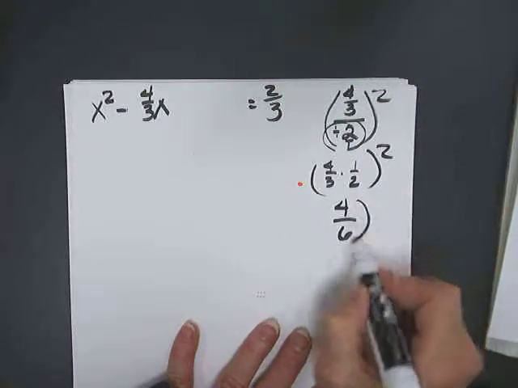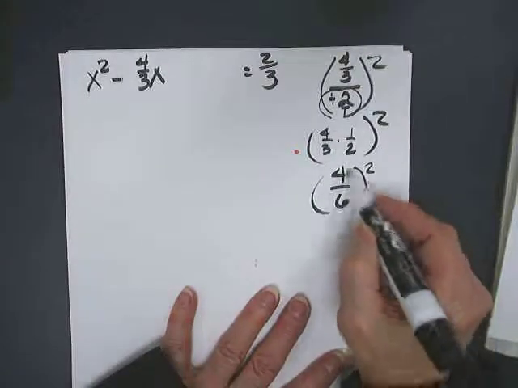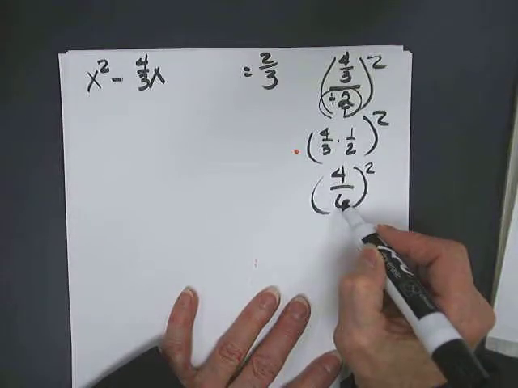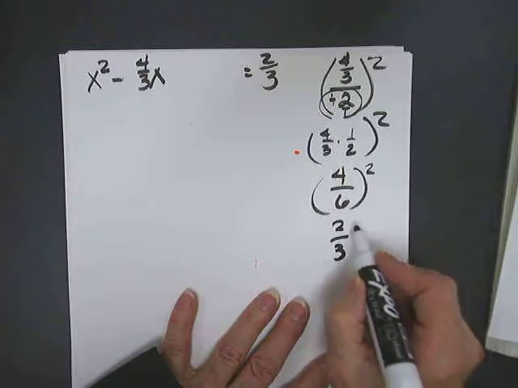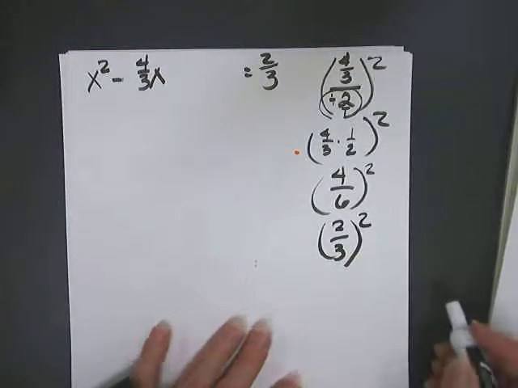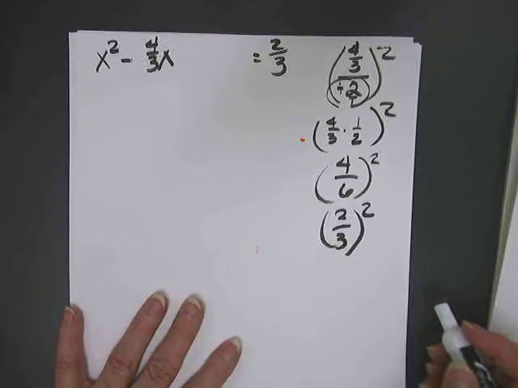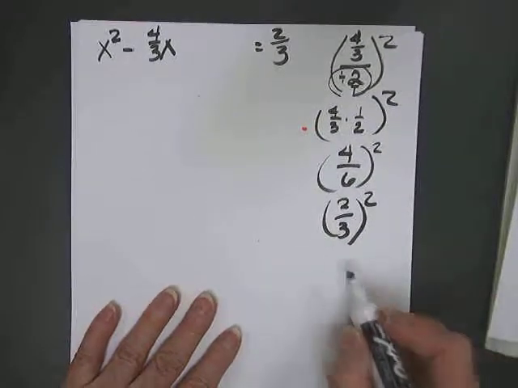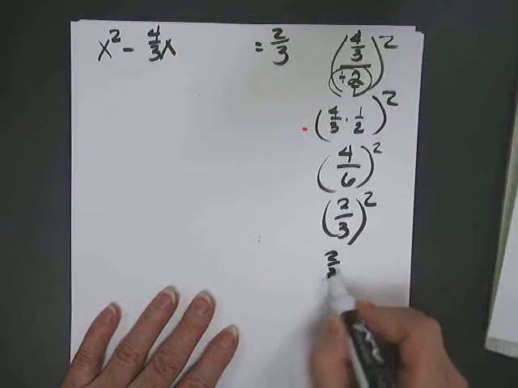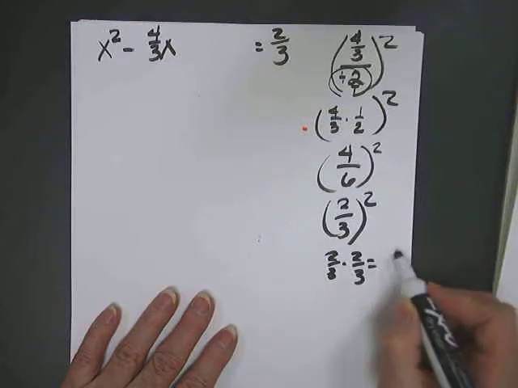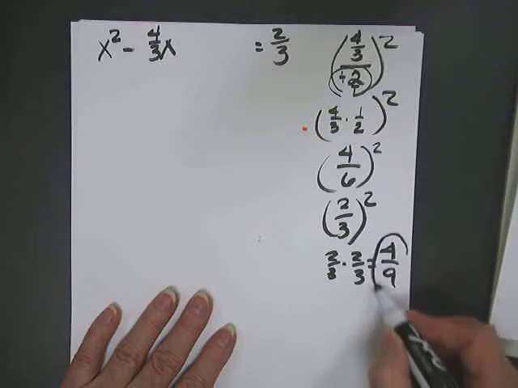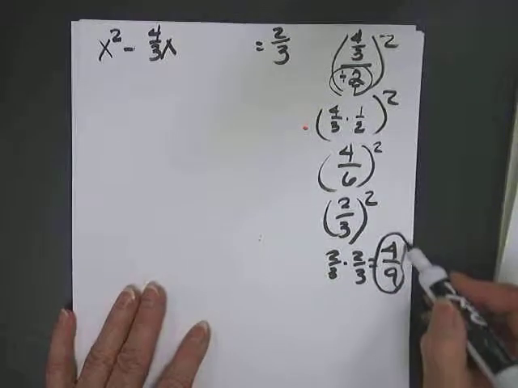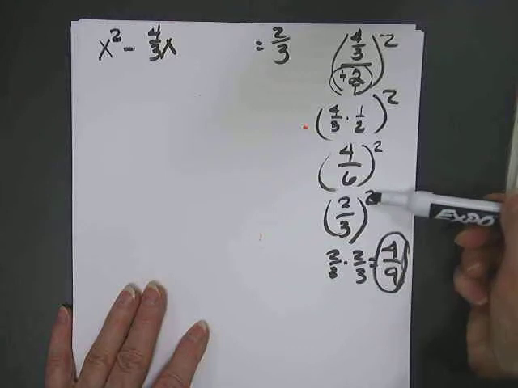Let's see, dividing by 2 is the same as multiplying it by 1/2, right? Dividing by 2 is the same as times 1/2, so 4/3 divided by 2 is 4/6, which reduces to 2/3.